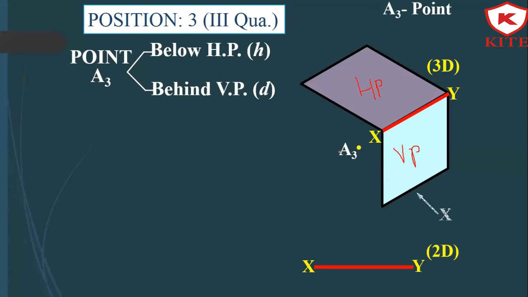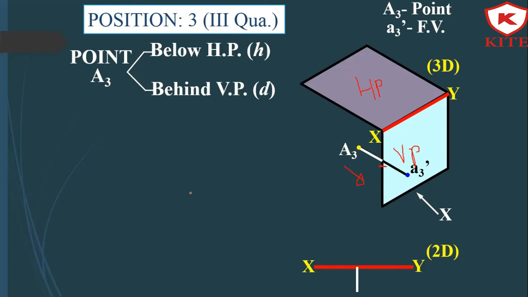Now for point A3, looking from the front direction, the projection will occur here on VP, which is A3 dash.